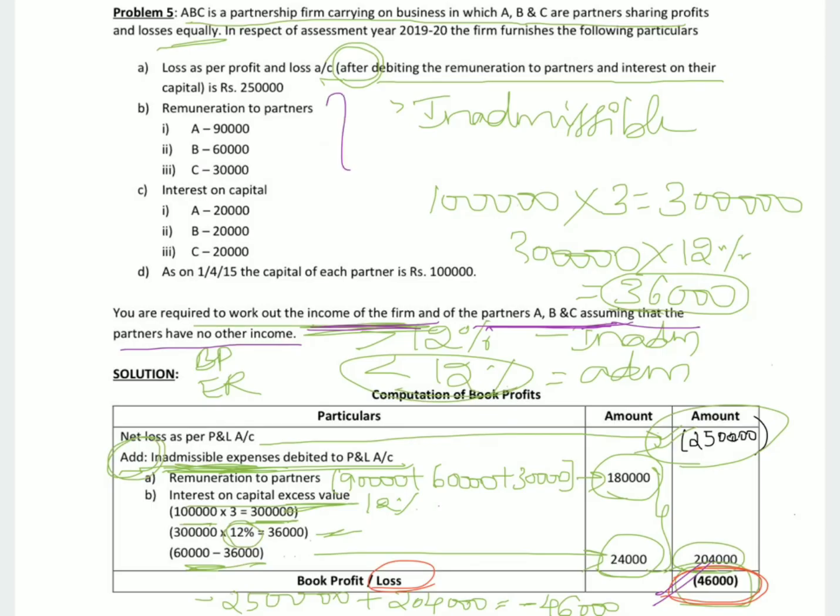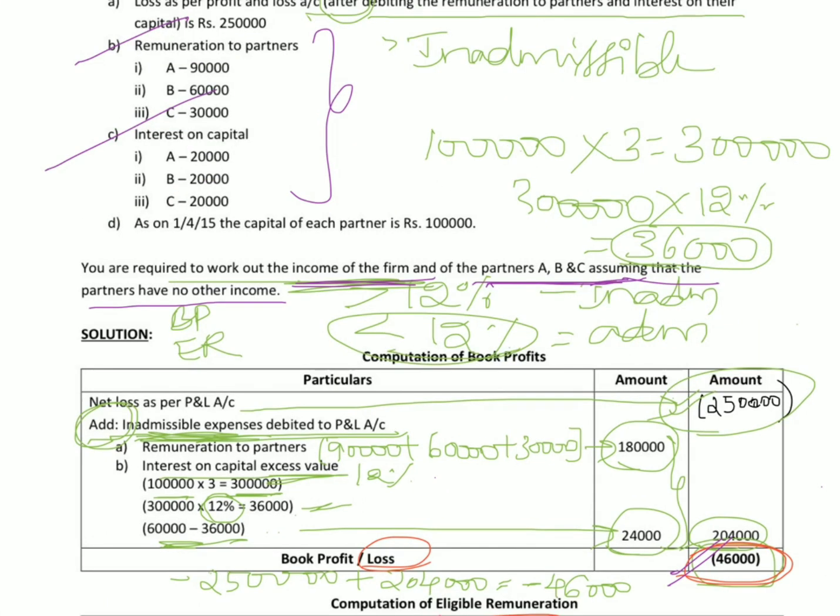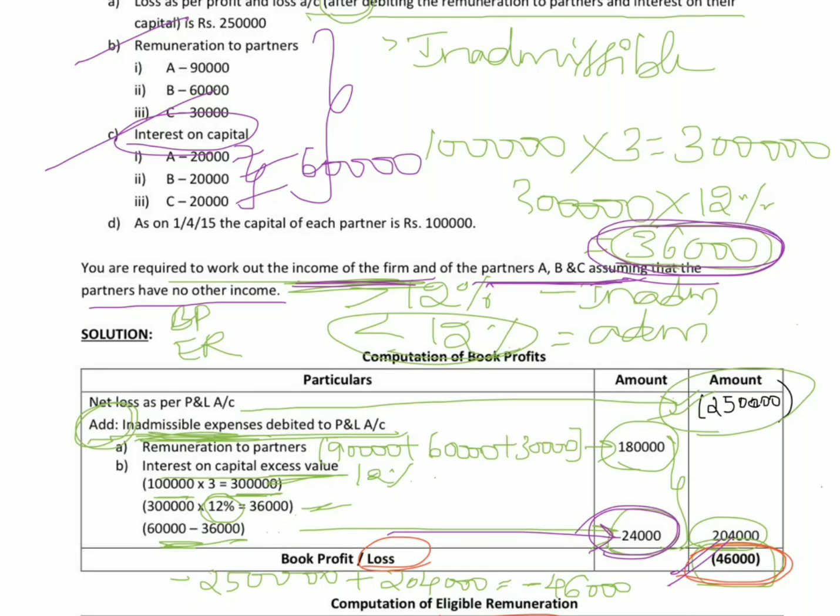There are two incomes partners are earning now. One is remuneration, another is interest on capital. Out of total interest on capital, that is 20,000 plus 20,000 plus 20,000, 60,000, we considered only 24,000 for the purpose of calculating tax. We have not considered 36,000 here. This 36,000 was treated as an admissible expense, so it is not considered for tax purposes and will now be taxed in the hands of partners.